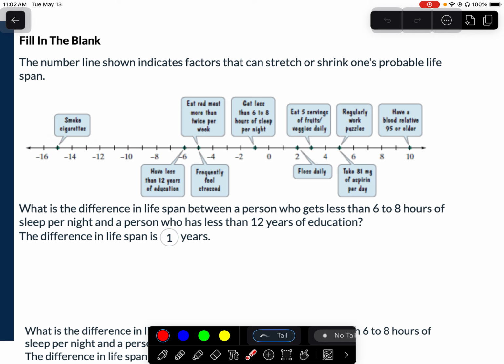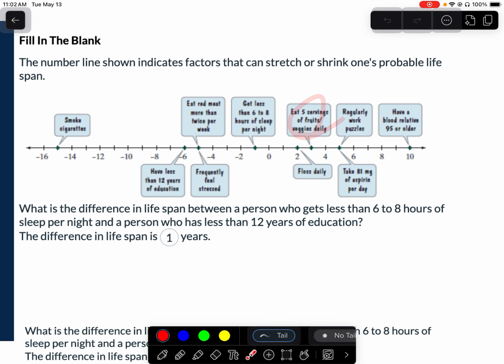If you have less than 12 years of education, keeping that brain active is important, then it's going to take off 6 years. Frequently feeling stress is going to take off 5. Eating red meat more than twice a week is going to take off 5. Getting less than 6 to 8 hours of sleep is going to take off 1. Flossing daily is going to add 2 years to your life.